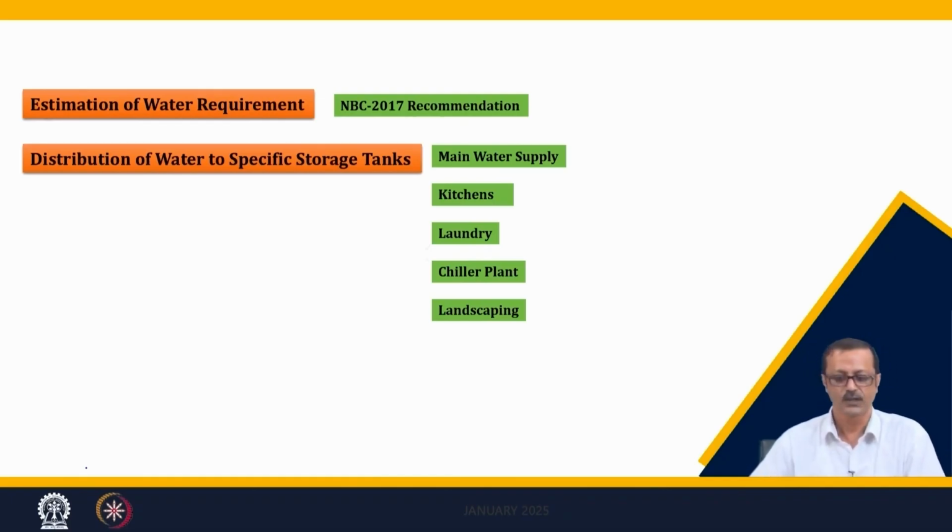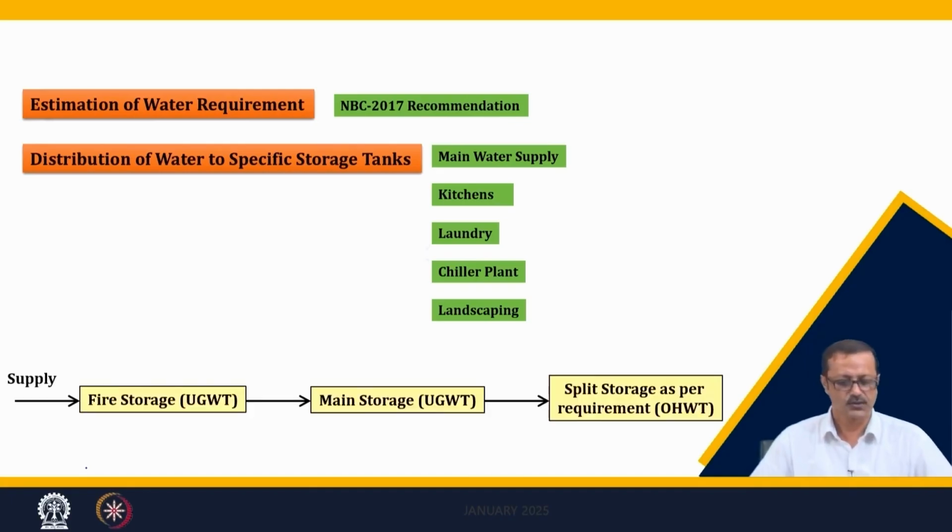You require some water for the main water supply, which can easily be calculated by the NBC provisions. We require some for the kitchen, sometimes laundry if the building has laundry. If the building has a chiller plant for the air conditioning plant, you require water, and also for landscaping.